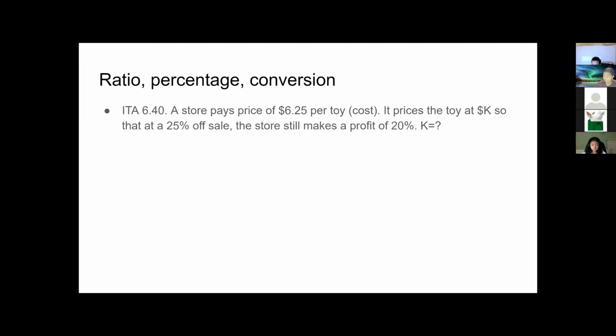And then we can find out that they priced the toy at $10 because 75%... So yeah, you don't need the final answer, but that's really good. So you put basically 75%, that's 1 minus 25%, times k equals 6.25 times 1 plus 20%. So this is the profit, and you get k equals 10.